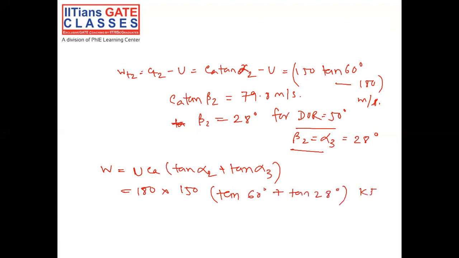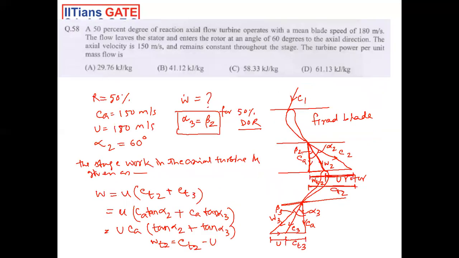So this is in joule per kg, and this will come something around kilojoule per kg. So option D is the correct answer. The power produced per unit mass flow rate is 61.13 kilojoule per kg.